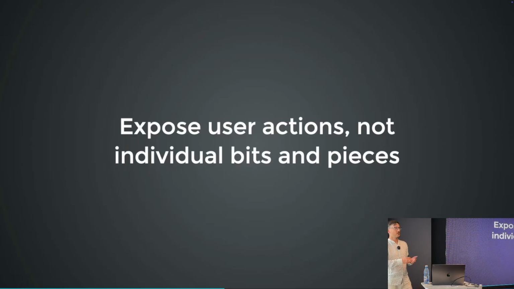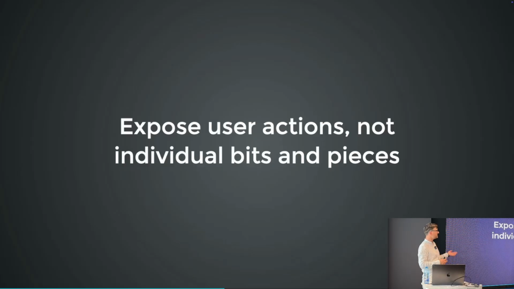I could have exposed 10 tools: focus the library, focus one tab, focus the search box, enter the text, and so on. But when you are talking with an agent, you tell it in human language what to do, and it's way easier for an agent to map what you want to user actions. If I tell it search for content and I have a search tool, it's obvious what it has to do. But if I have 20 tools that need to be called to perform a simple search, it's not that straightforward for the agent.